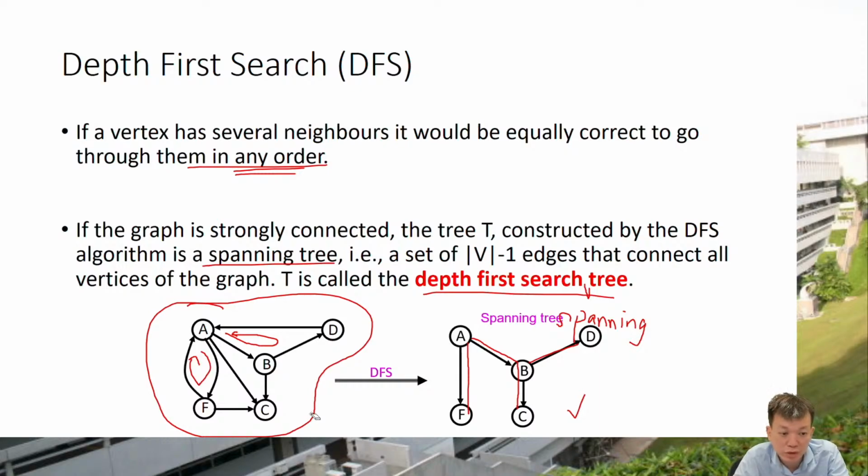So breadth-first search, BFS, uses the queue. Depth-first search uses the stack. Because breadth-first search is trying to sort out the visiting order level by level. Whenever you see an unvisited node, you try to visit it as soon as possible.